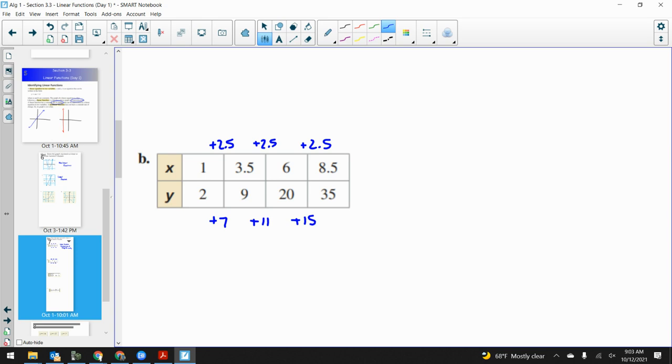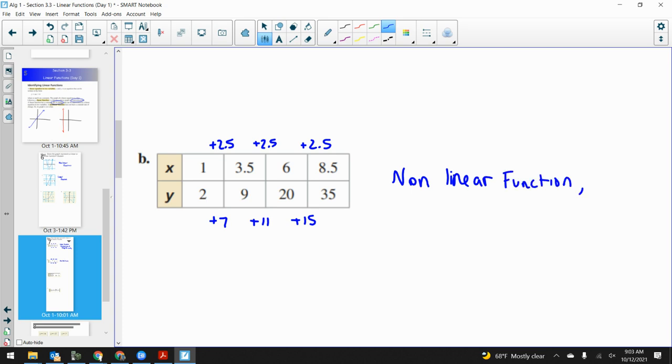Is this linear? No. But you may be thinking, well, I see a pattern. Those are all going up 4, 7 to 11, 11 to 15. I agree with you in that, but that doesn't make it linear. What that makes it is actually quadratic, which we'll learn in the next chapter. So we say that this is a nonlinear function.